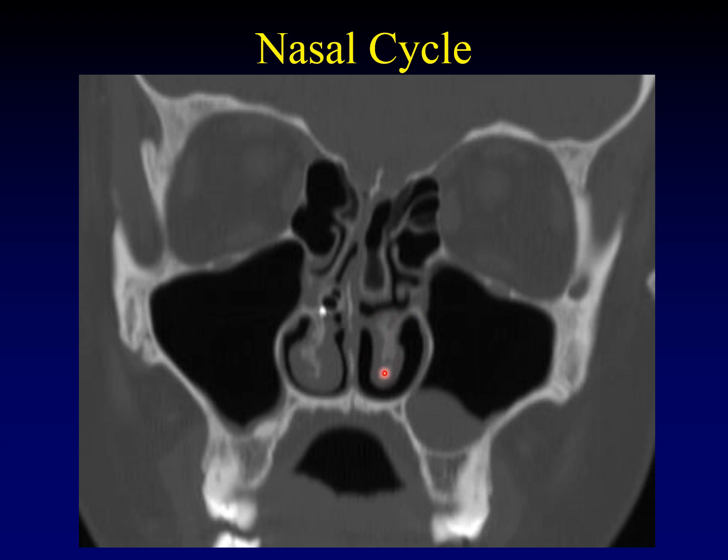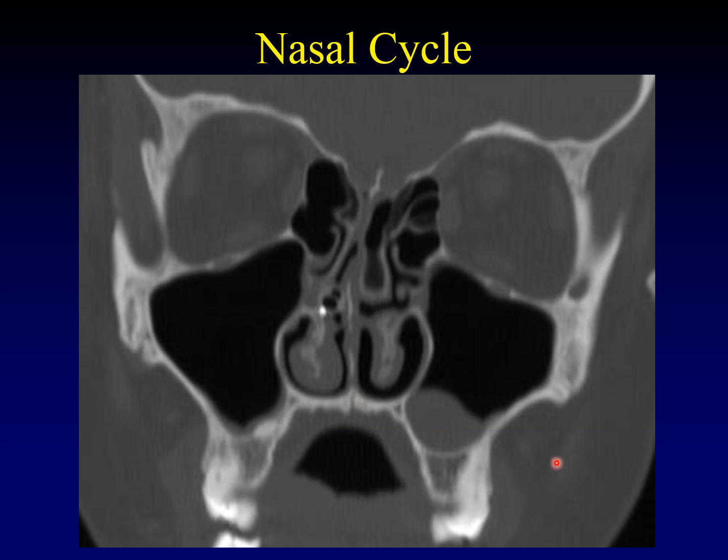This is normal, and it varies over the course of the day. Some of the day, this will be larger and this will be smaller. Sometimes they'll be about the same size. It varies in an individual patient over the course of the day. That's why sometimes you wake up in the morning and one of your nostrils is stuffed up, and then over the course of the day, that one starts moving air and the other one feels stuffed up. That's the normal nasal cycle, and it's about 6 hours long.